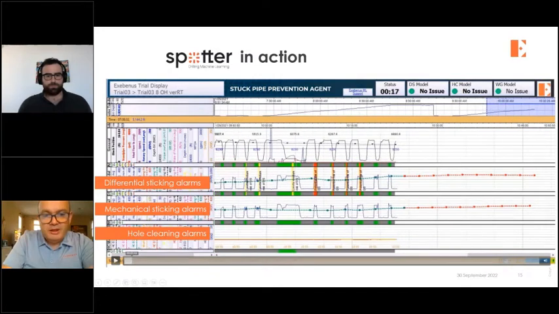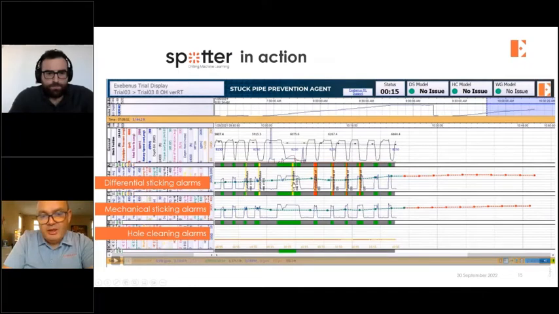In this particular case, I'm going to start from the beginning. You can see that everything is going well in terms of mechanical and hole cleaning. But in the differential sticking track, the yellow marks are the warnings, and the red are the alarms. You see those warnings being raised, and then they're followed by an alarm. A warning is low to medium risk, and an alarm is medium to high risk.